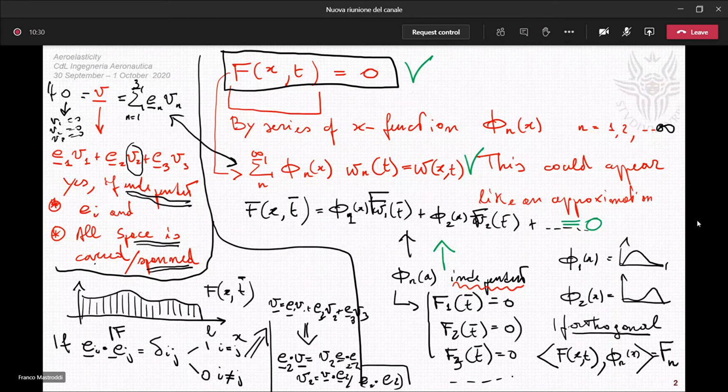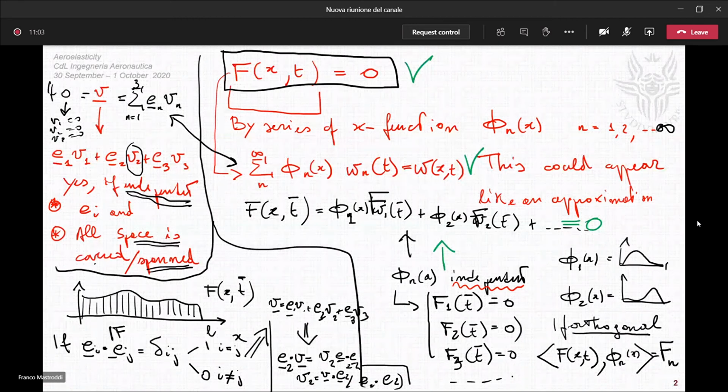Note, I have said projection, but these functions are orthogonal, so the concept of projection is identified with the concept of component. So you can say component of this vectorial combination, or projection, which is the same. The concepts are identical because the functions are orthogonal. We have an orthogonal basis, and therefore component and projection are the same concept.